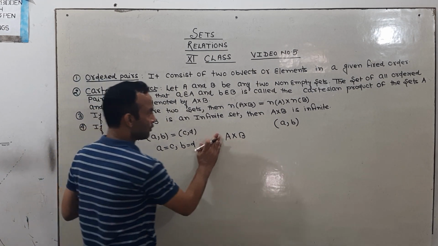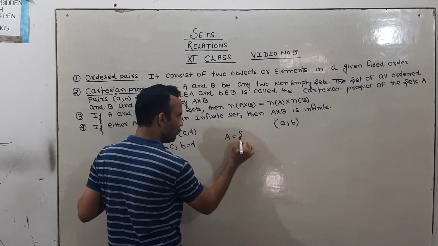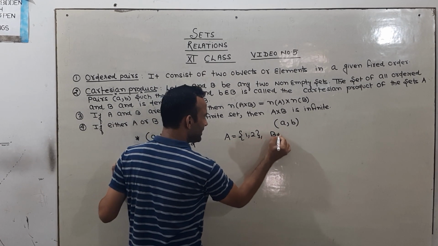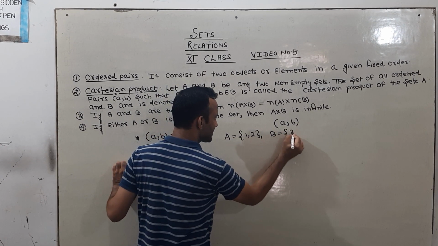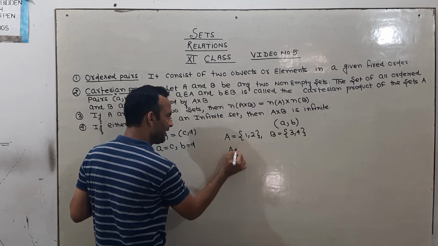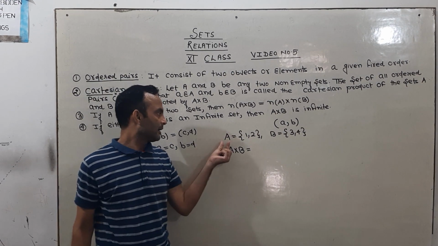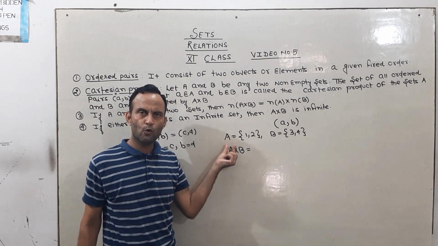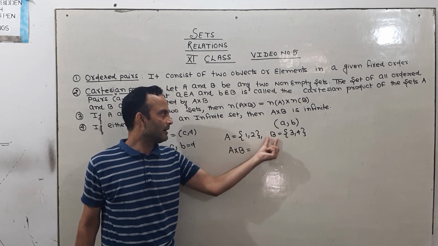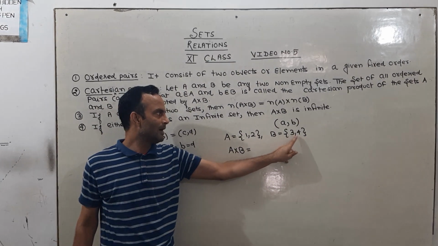So try to understand, my dear student, if this is set A, {1, 2}, and B is another set which consists of the elements {3, 4}, then the Cartesian product between A and B. You can see here, dear students, that the cardinal number of set A is 2 because two elements are present, and the cardinal number of set B is also equal to 2 because two elements are present.